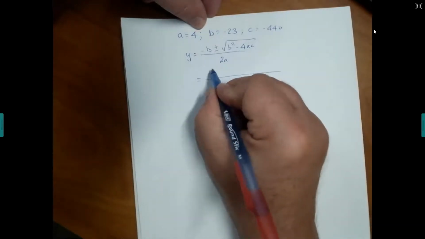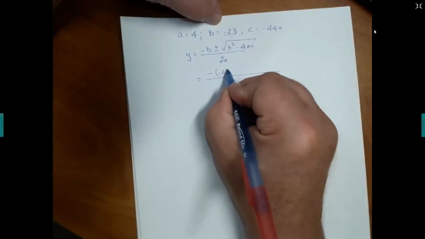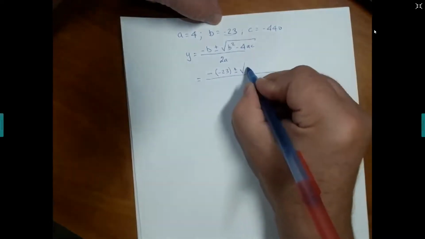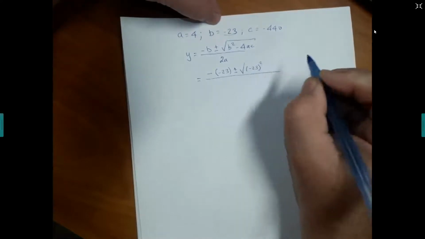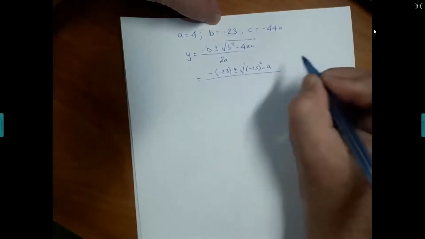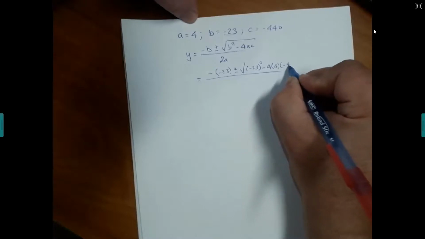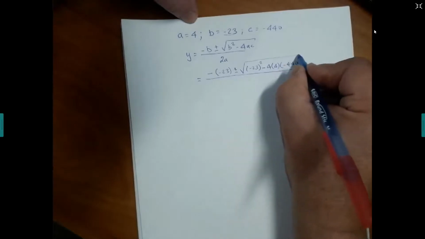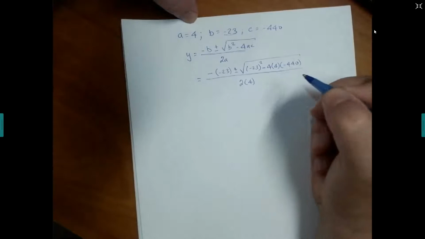So here's negative. What's b? B is -23. Plus or minus b is -23 squared. 4 times a times c. All that under the square root. And 2 times 4.